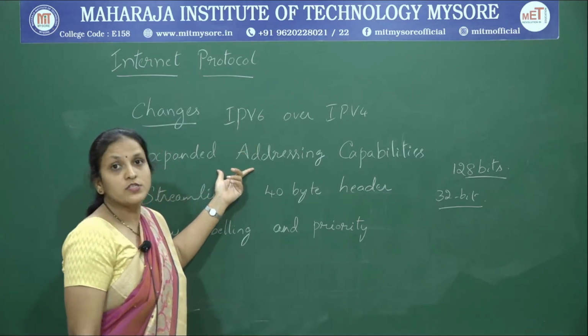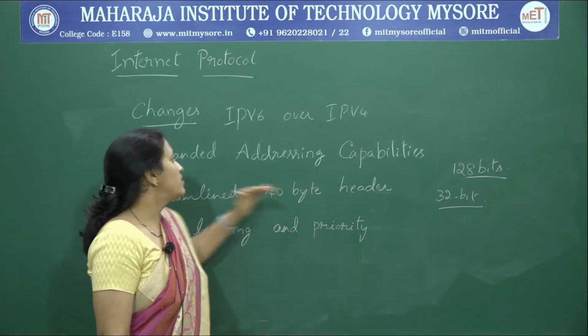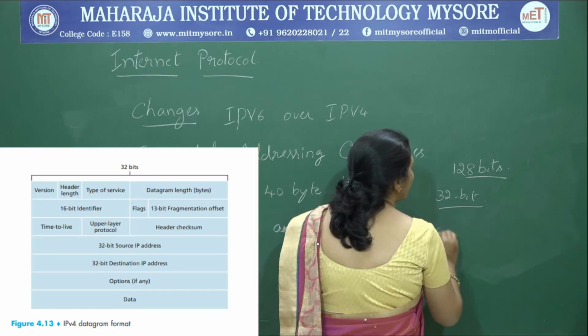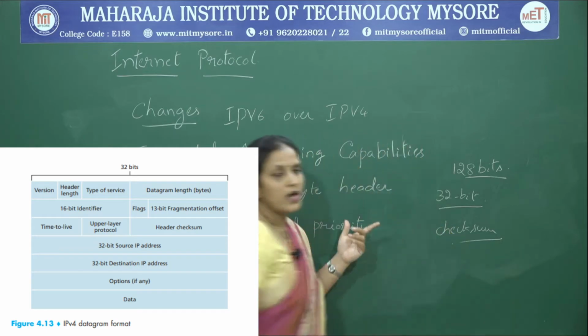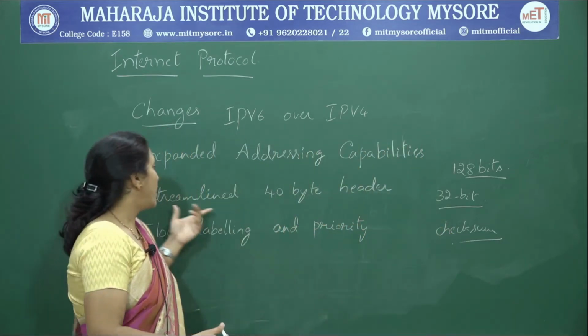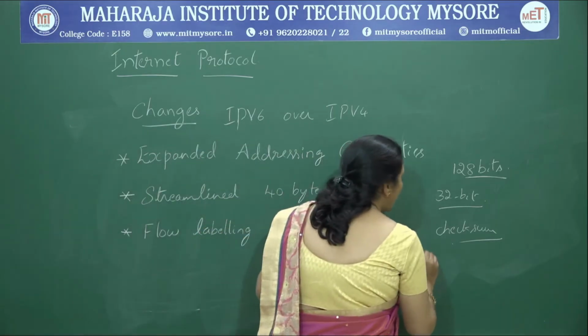First and most priority was given to this particular feature, that is addressing capability. Next, fields like checksum and many more fields in the IPv4 header were streamlined, and we made a 40-byte fixed length header.